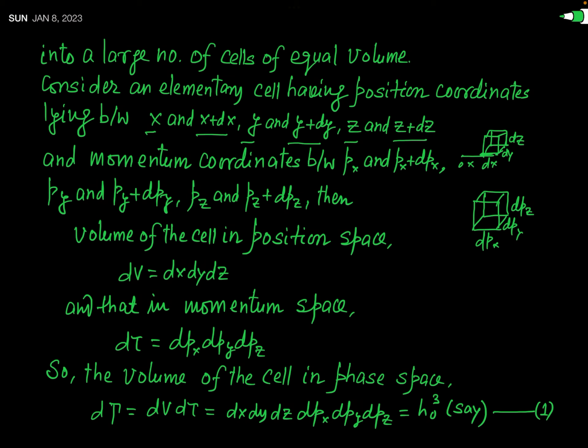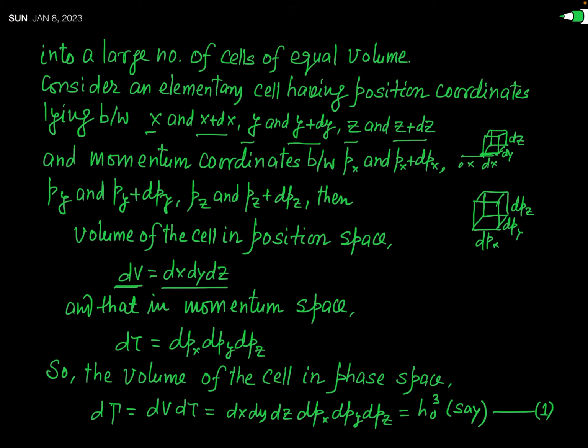So the volume of this volume element in position space will be what? If you denote that volume of the cell in position space by the symbol dv, then that dv is simply dx times dy times dz. Okay.